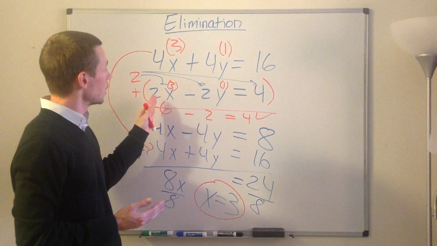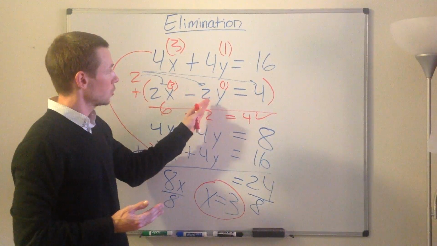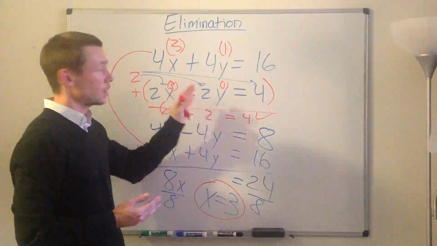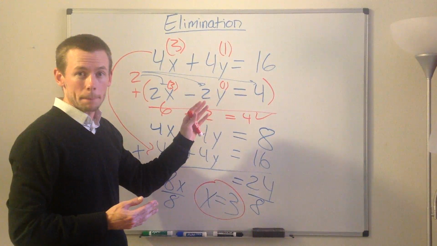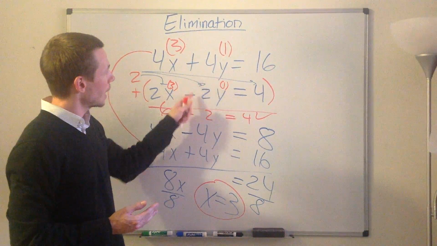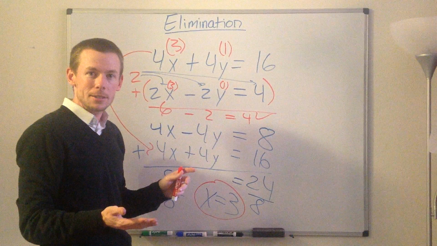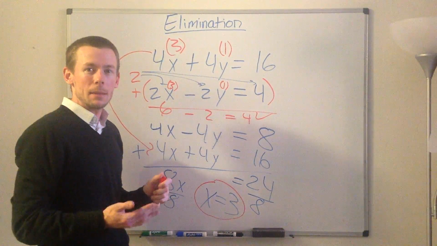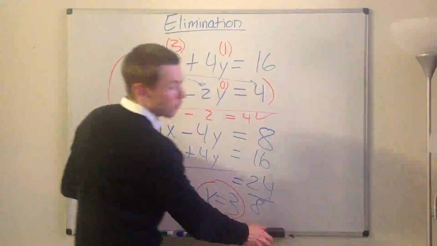So over here, 2 goes into 4 and 2 goes into 4. So we could have eliminated x or y. But since y had already opposite signs, eliminating y became easier. Let's look at one more example.